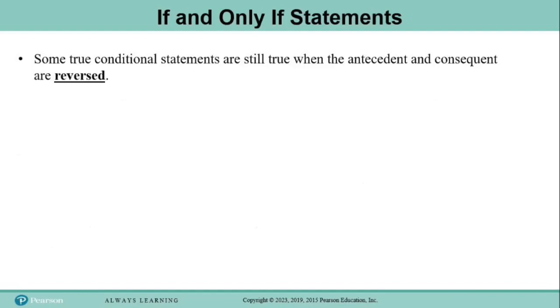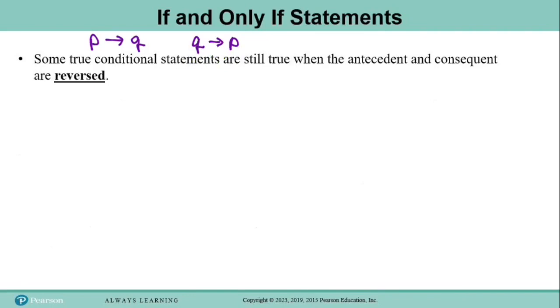Okay, now we're going to go ahead and talk about if and only if statements. If you'll remember a couple of examples back, we had one statement that when we wrote it out symbolically, said if P then Q, and it was true. But then in the next part, we reversed it and it said if Q then P, and then it was no longer true.